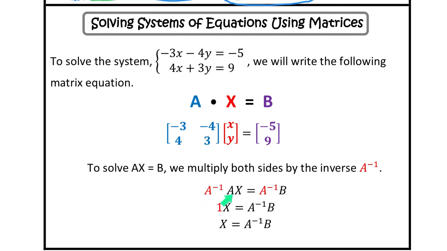A inverse times A is kind of like the opposite of A, so they're going to cancel each other. A inverse times A is 1. So the solution for x and y is going to come from multiplying the A inverse matrix times the B matrix.